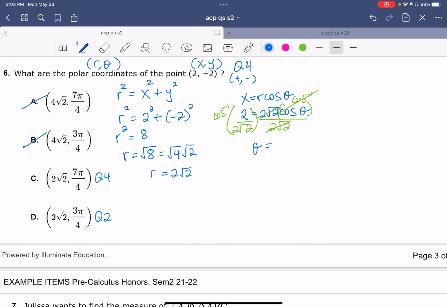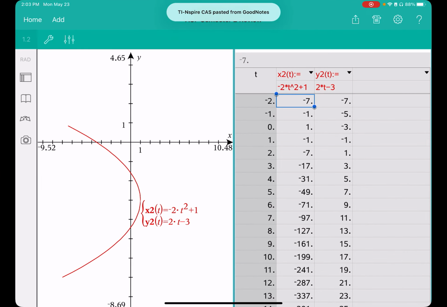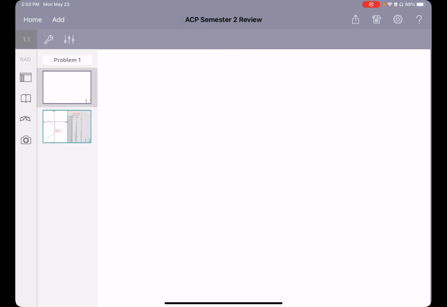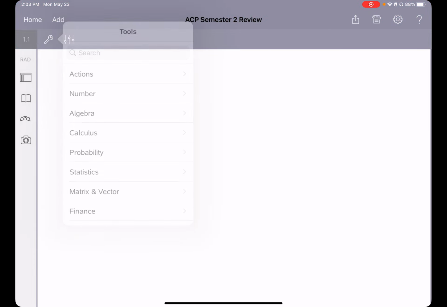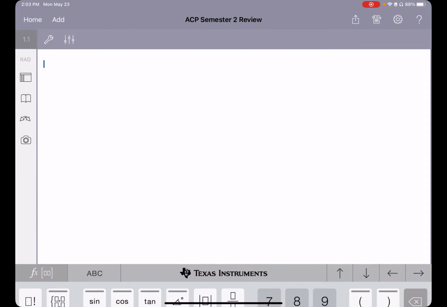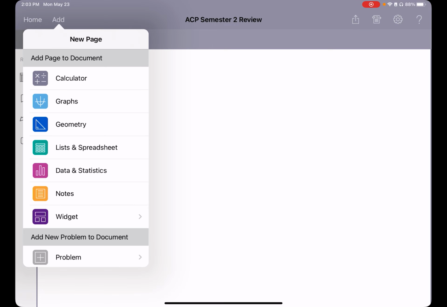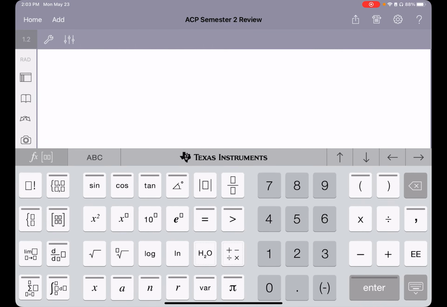Okay, so let's go to the calculator. The inverse cosine of 2 over 2 square root of 2, and press enter.